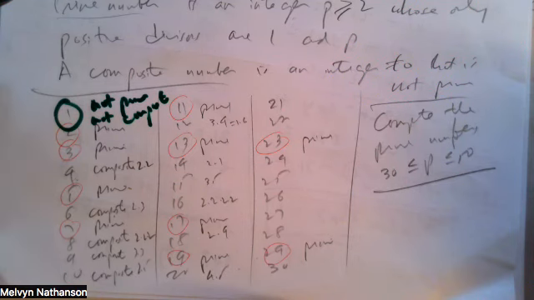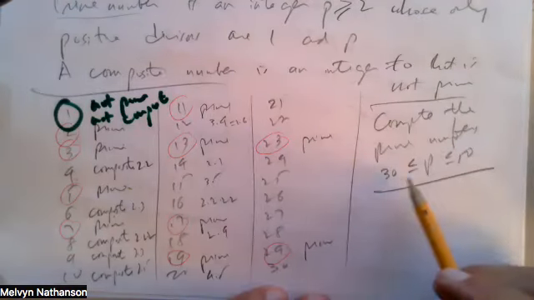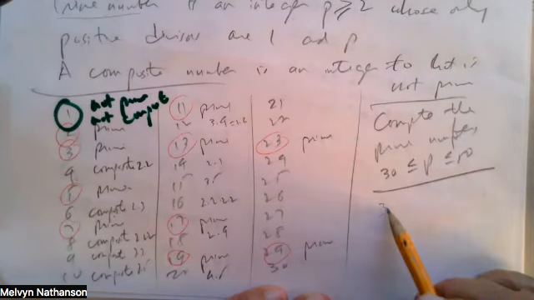And what else? That's it. So if the only divisors are the number 1 and itself, the number is prime. So the first prime number between 30 and 50 is 31.